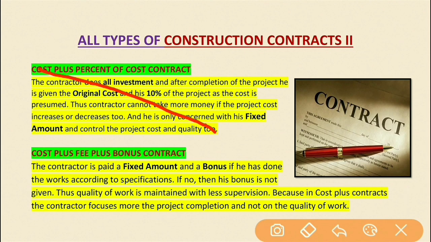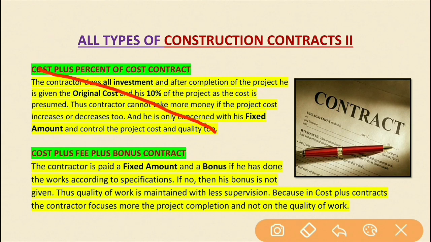This is a variation of lump sum contract, but to attract the contractor he is given an incentive of bonus. In the previous type he was given 10% profit, but in this one he is given a bonus on a condition: if he has done the work according to the specification the bonus is given, otherwise it is not.